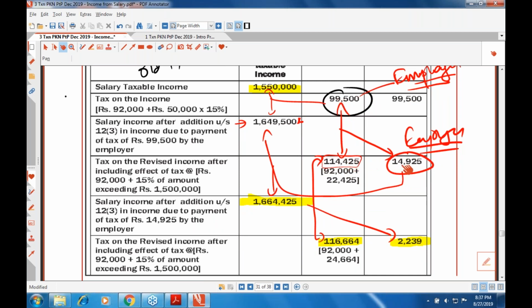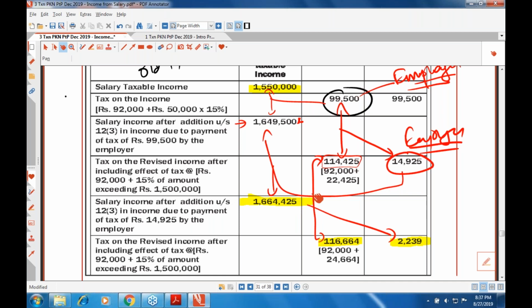So the additional amount of tax that needs to be paid is 14,925. The employee's salary, which was 1,649,500, would now have an addition of 14,925. So this total becomes 1,664,425.